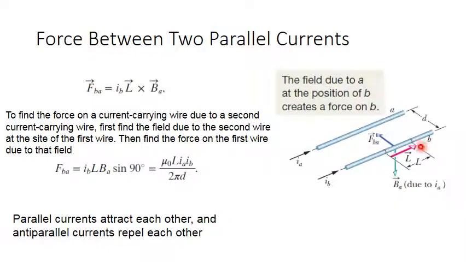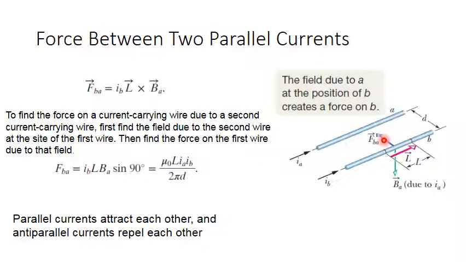So assuming that this wire A includes current IA and this wire B includes current IB, we can imagine that one of the two wires introduces a magnetic field on the other one, and the other one, due to the induced magnetic field and the current inside it, will experience a force.